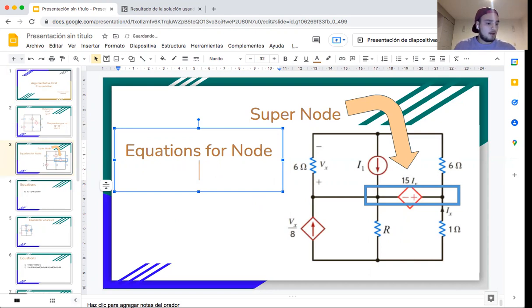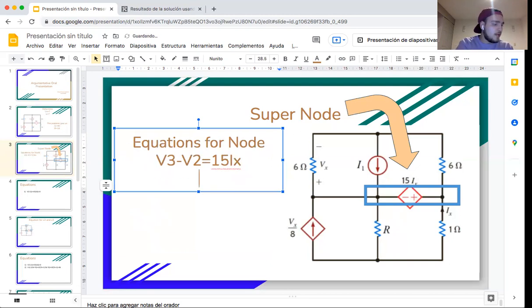So I'm going to base my presentation on the equation that I already did. First we have V3 minus V2 equals 15 Ix.